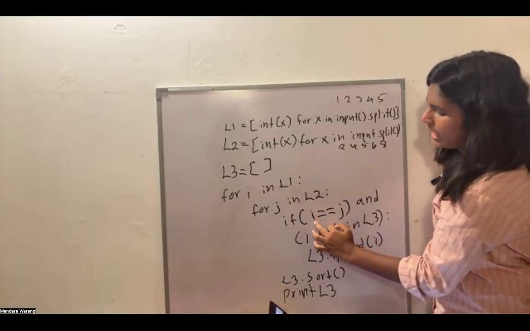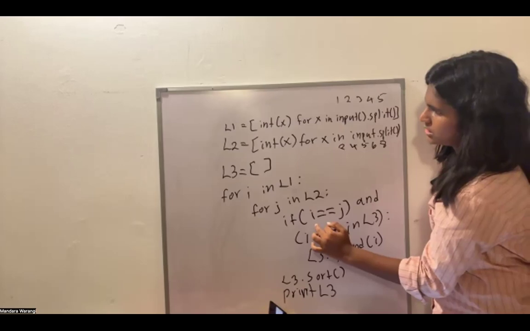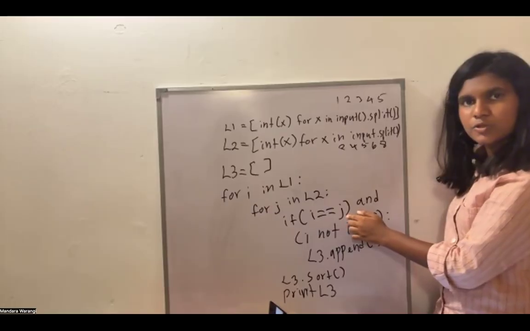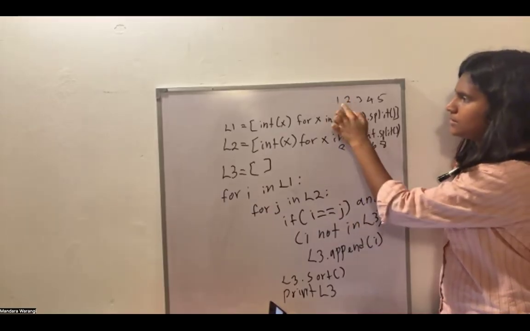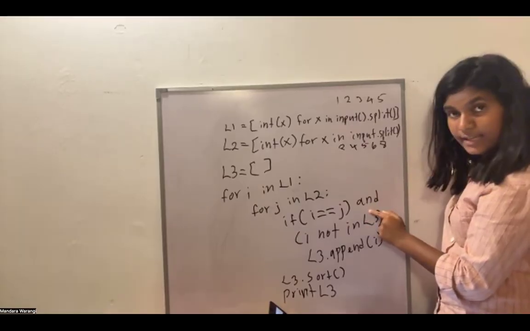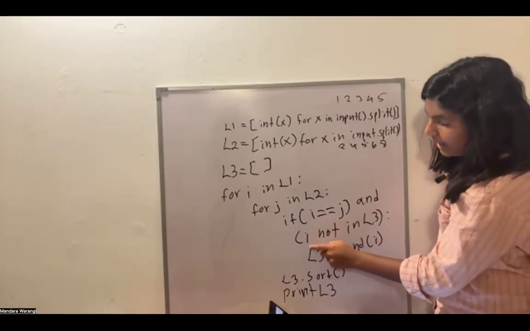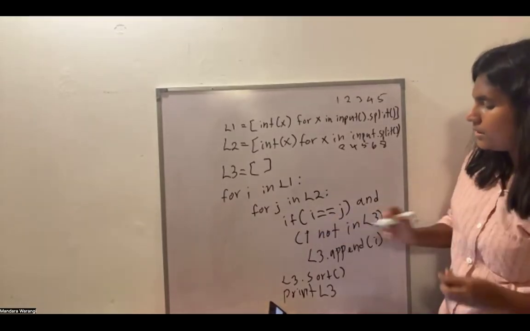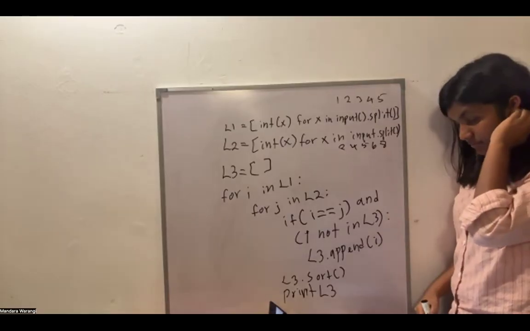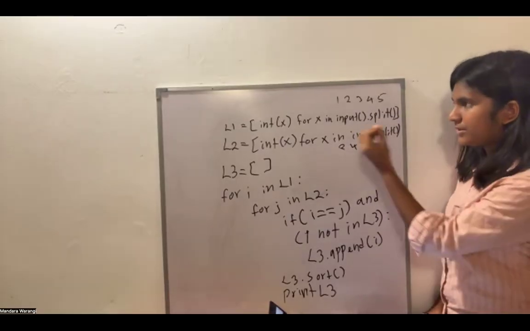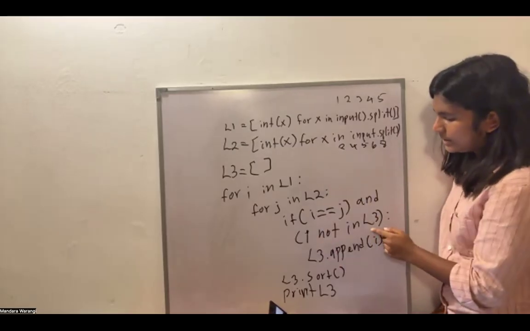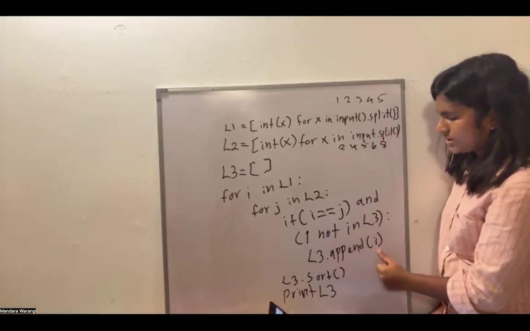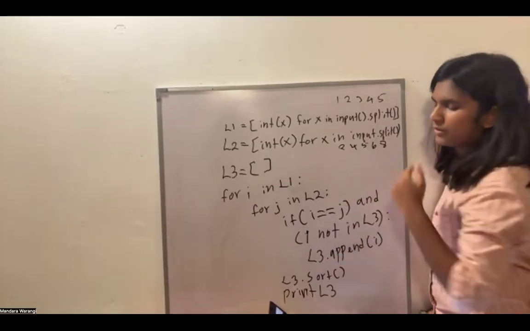We check whether I, which is 1, is equal to J, which is 2. And there's a statement: with the I, meaning the element in the first list L1, whether it is in L3 or not in L3, then you must append it to L3.